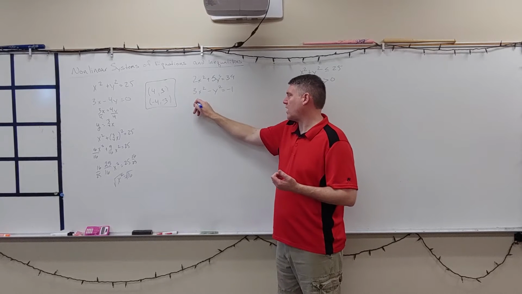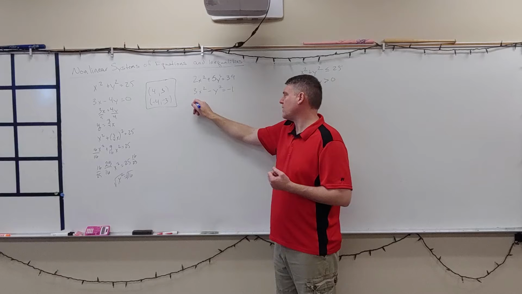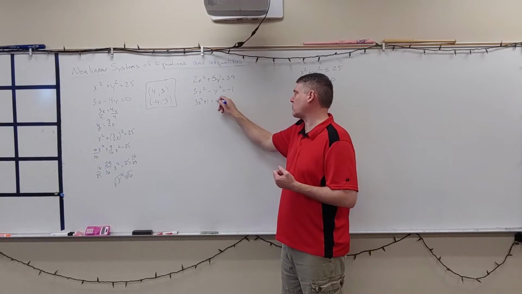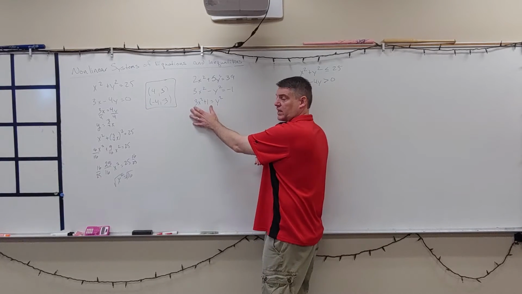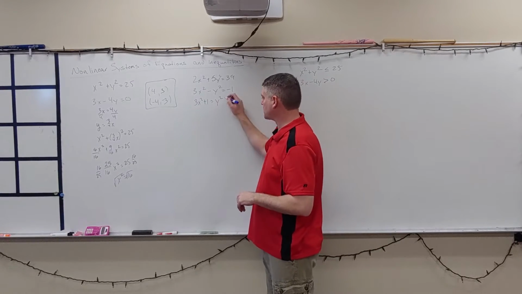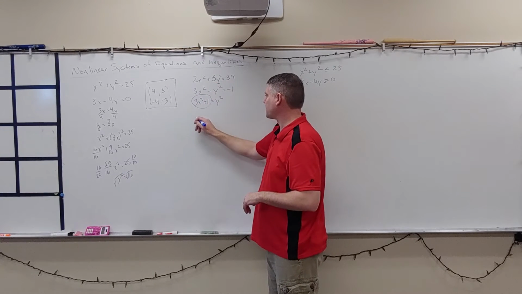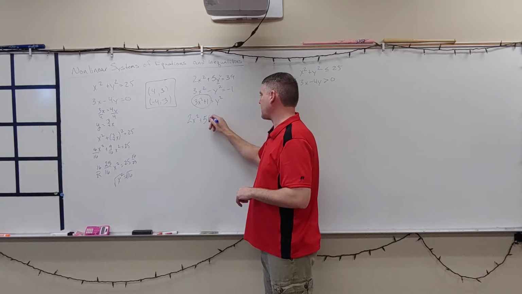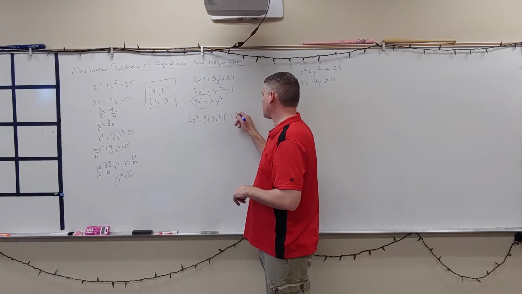On this bottom one, I'm going to solve for y: 3x squared plus 1 equals y squared. Now, anywhere I see a y squared, I'm going to plug in 3x squared plus 1. So I'm going to plug it in right here: 2x squared plus 5 times (3x squared plus 1) equals 39.